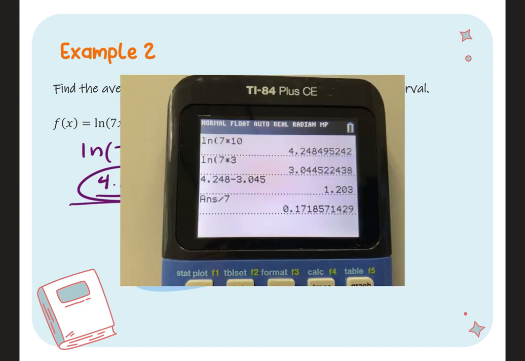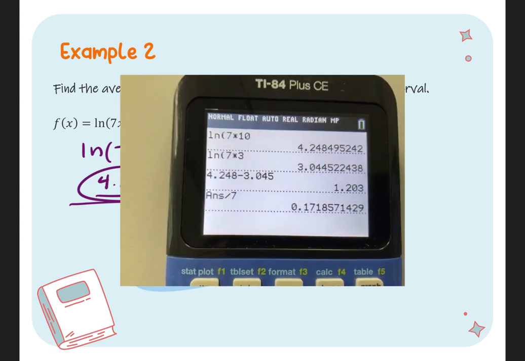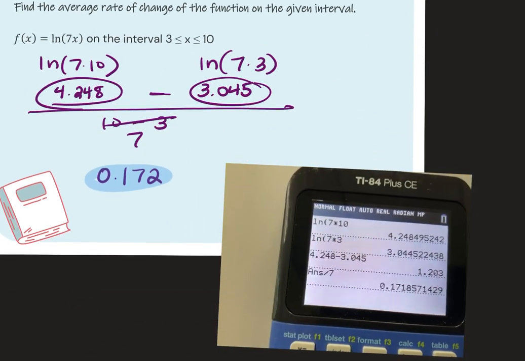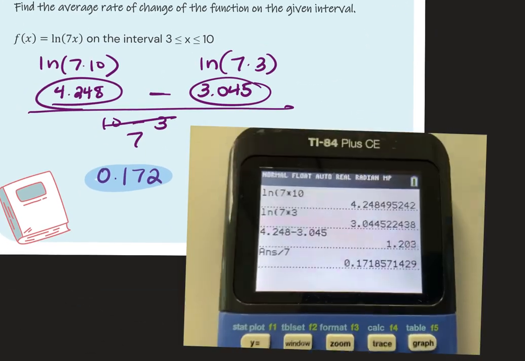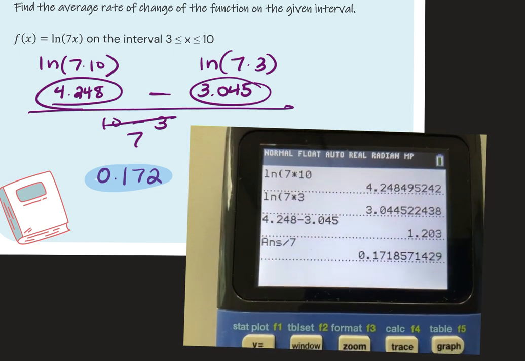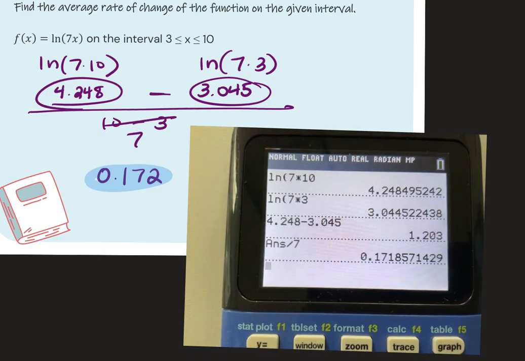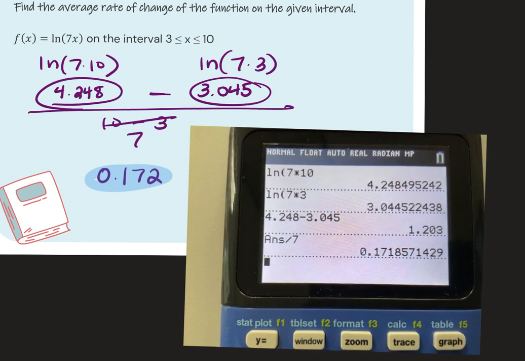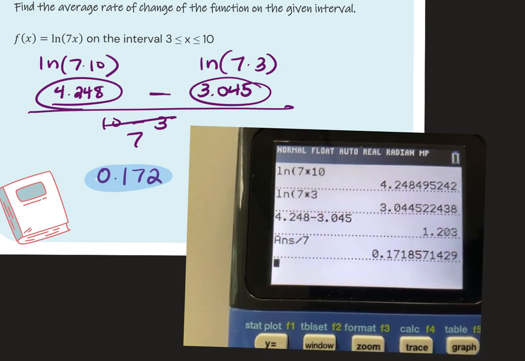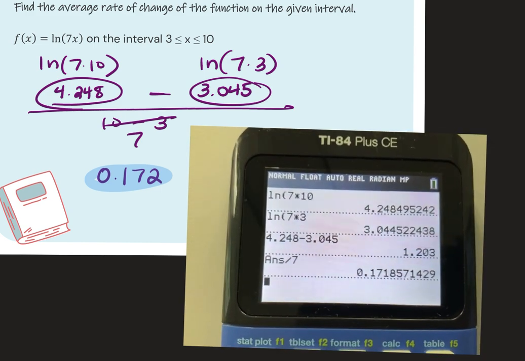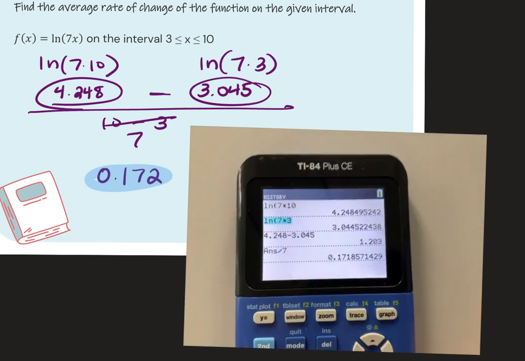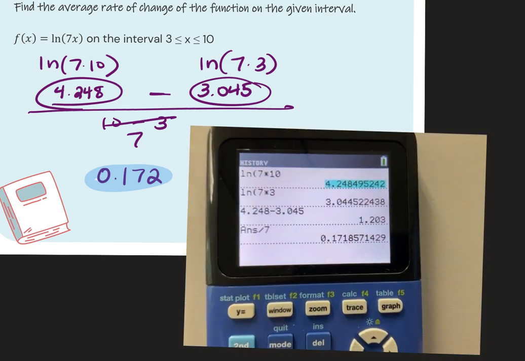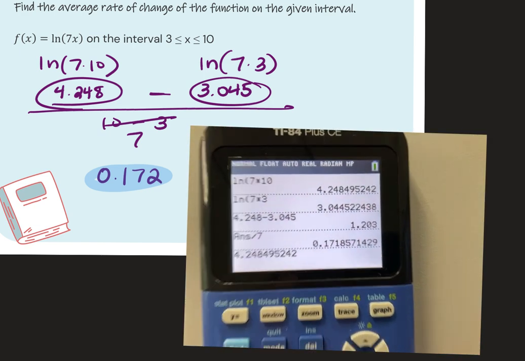Okay, the other way to do it, this would be like second. So the way we just did it is probably the least accurate, okay? A little bit more accurate is instead of rounding to the 4.248, okay, I'm going to go back and grab those answers. So if you arrow up to 4.248 like that, I can hit enter.